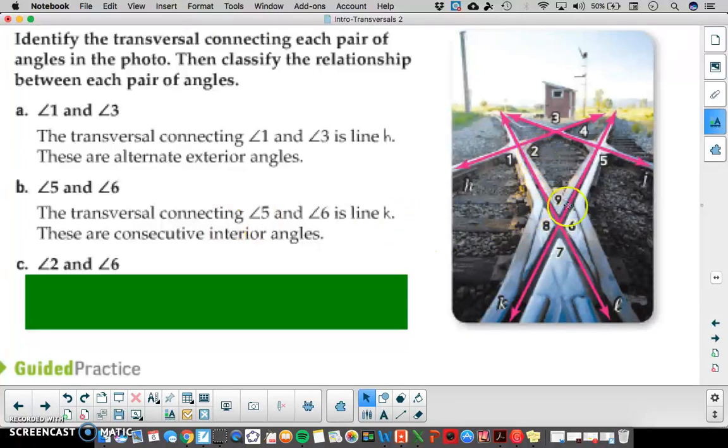Angles 2 and 6 are both crossed by a transversal L. L intersects lines K and H to form those angles.